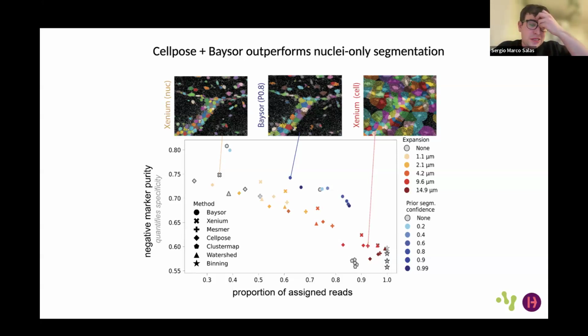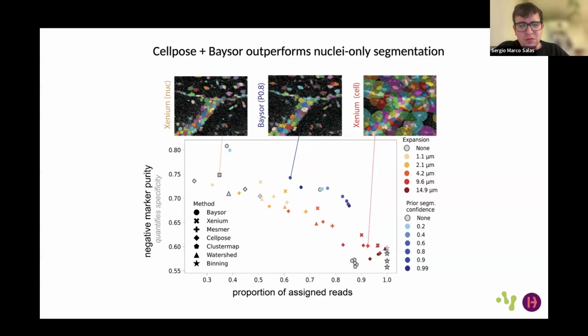The different shapes represent different algorithms. I also include the Xenium default nuclear segmentation and cellular segmentation, which is what I showed you before, the unexpanded and expanded segmentation, shown with the crosses.